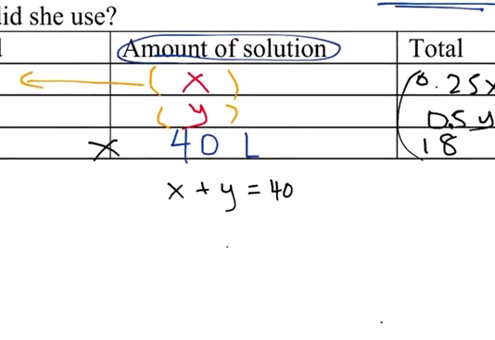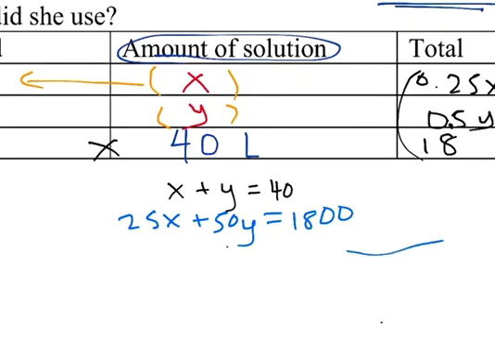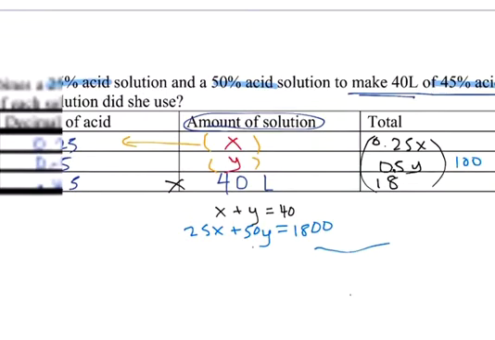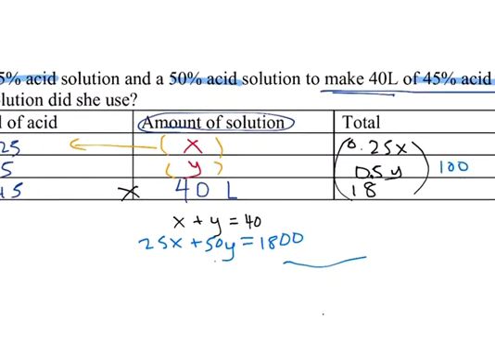So I would get 25x plus 50y equals 1800.